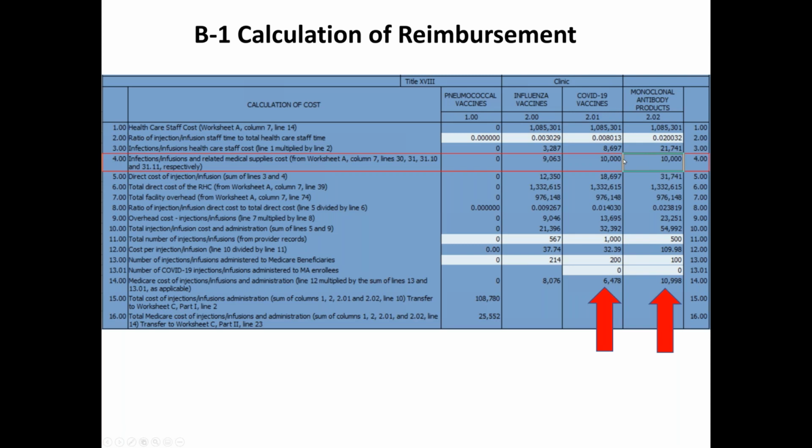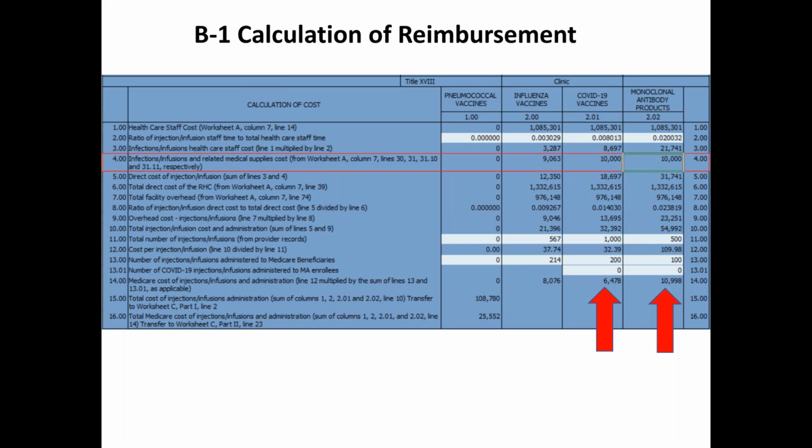Here's our direct expenses here, 10,000 for each one of these, and this basically picks up your payroll piece of it and your direct expense piece of it. And then we get a percentage, and then by the time you divide those expenses by the number of shots that you gave here, we got a $32.39 cost.